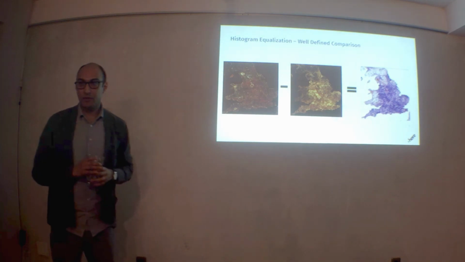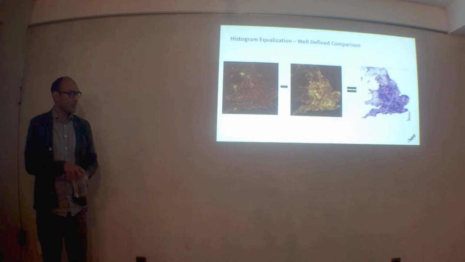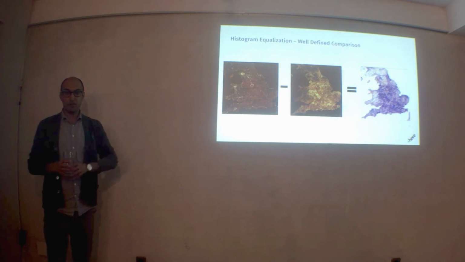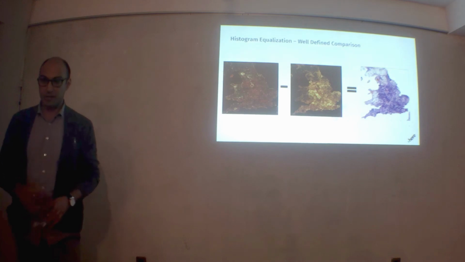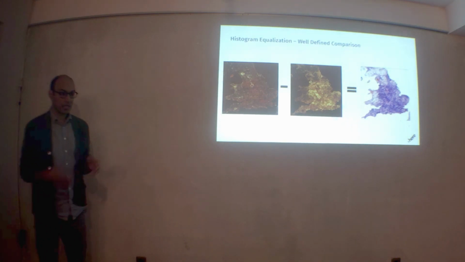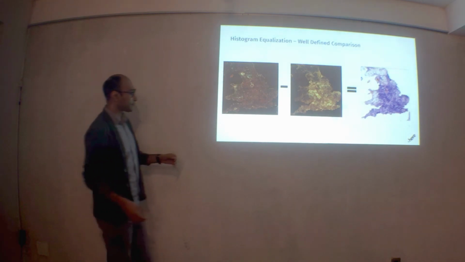Another thing I can say about this is that histogram equalization has been around for a while. It's maybe even classical, and one of the drawbacks of doing it is that if your data is noisy, histogram equalization will amplify noise. So I'll give you an example.